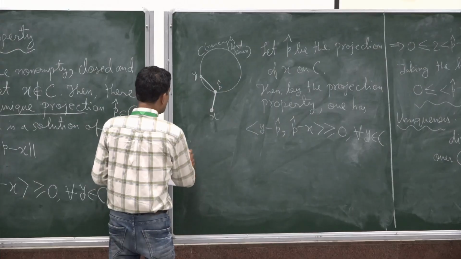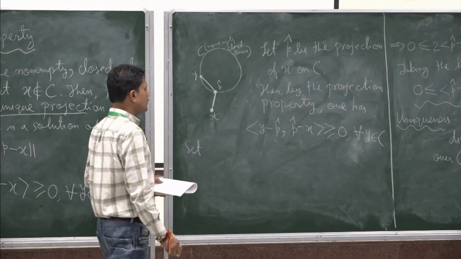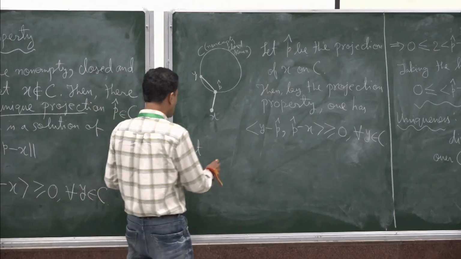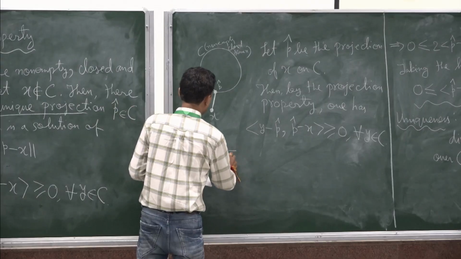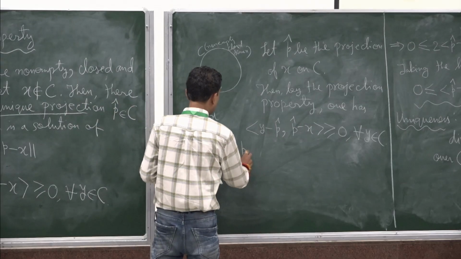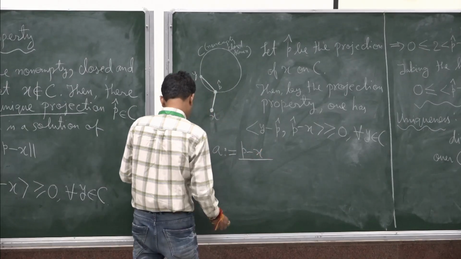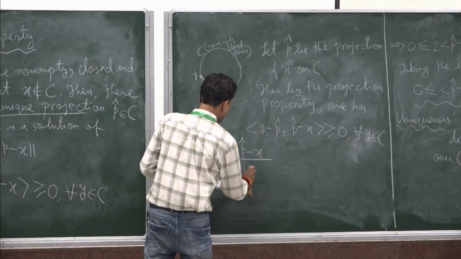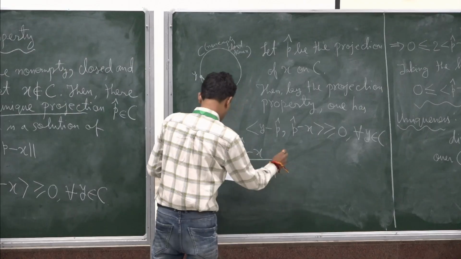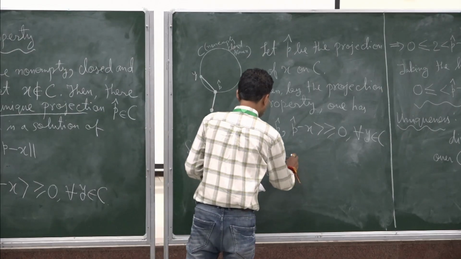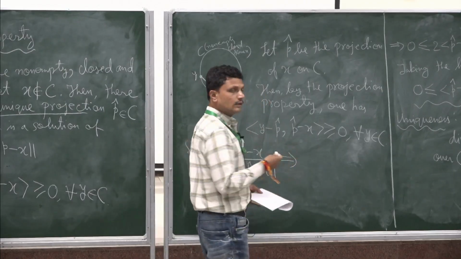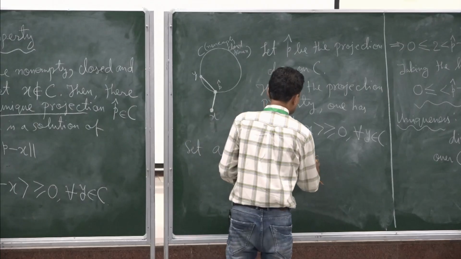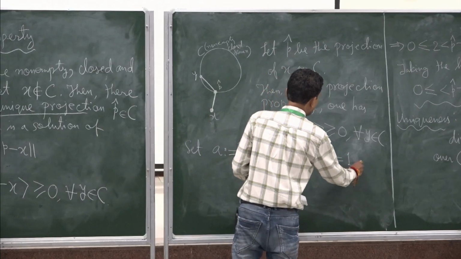Now we need a vector which will satisfy that condition, right? So we take a vector a, which we define as p hat minus x upon the norm of p hat minus x, right? By this setting, this vector will be a unit vector, so you can see that the norm of a is equal to 1.